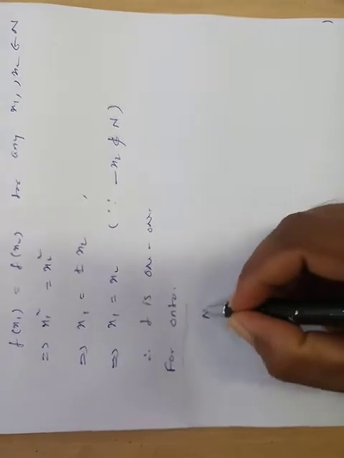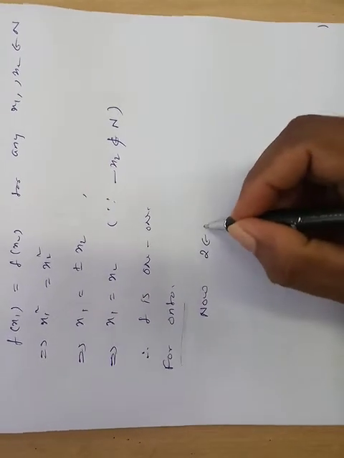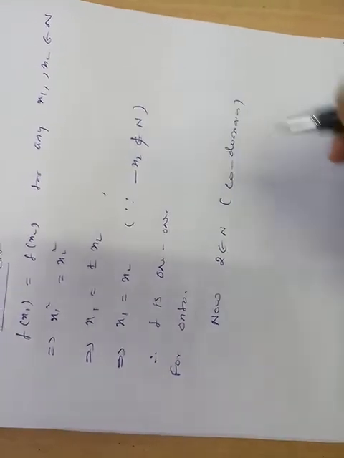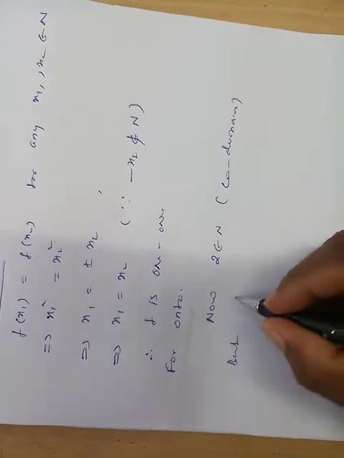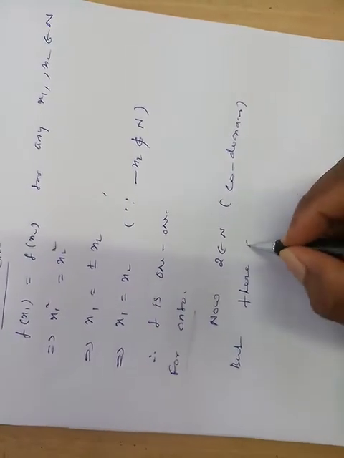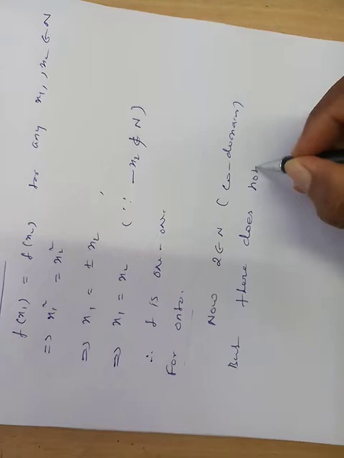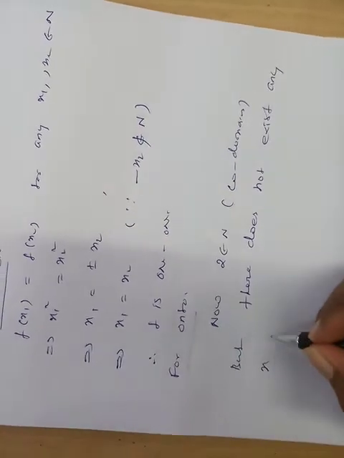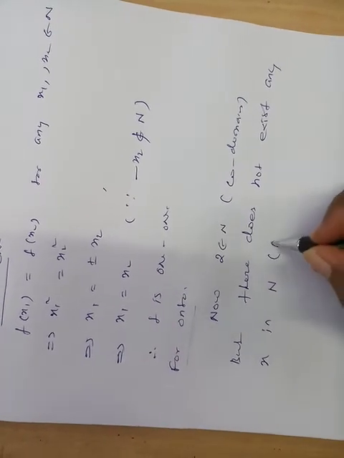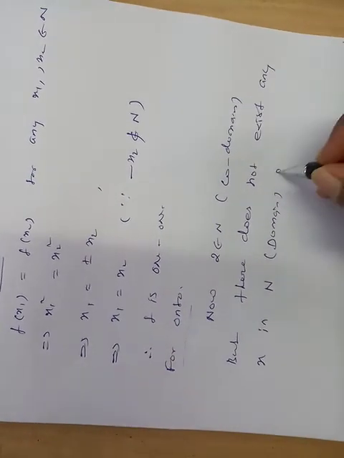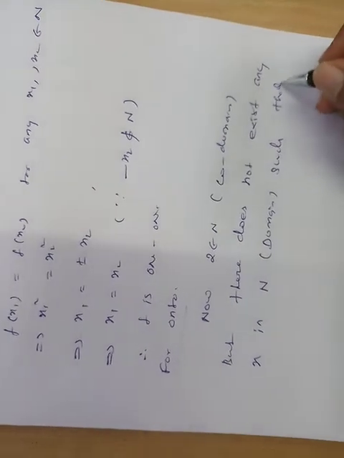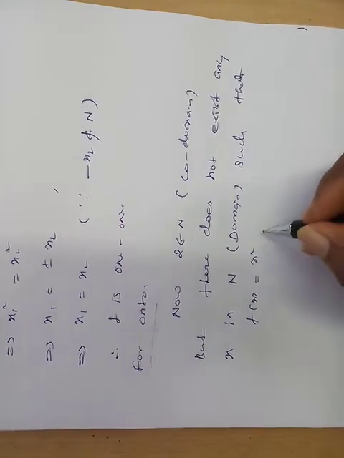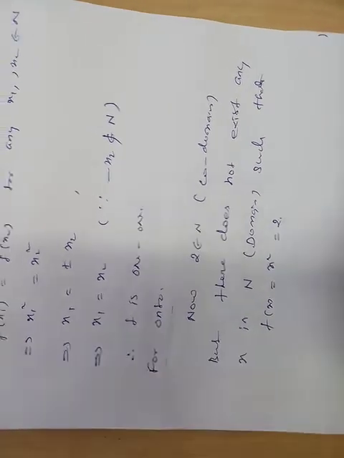For onto, now 2 belongs to N in the codomain, but there does not exist any x in N in the domain such that f of x is equal to x square equal to 2.